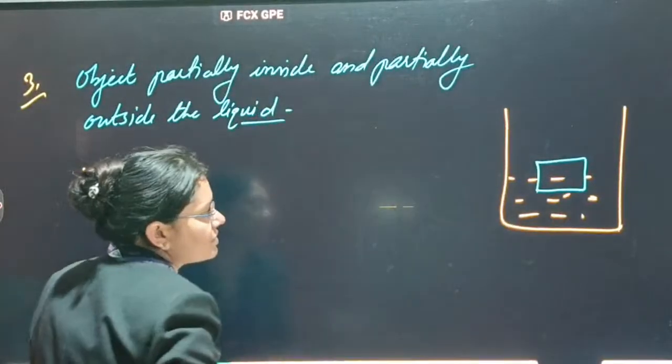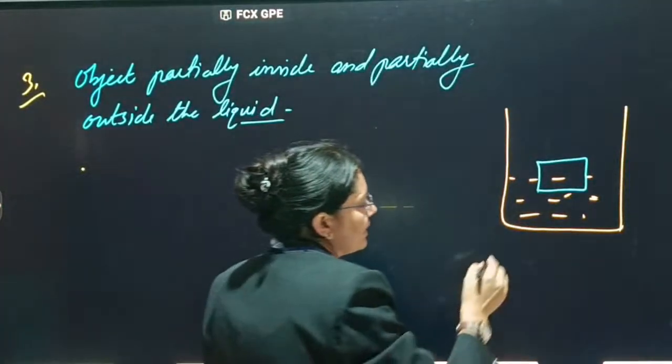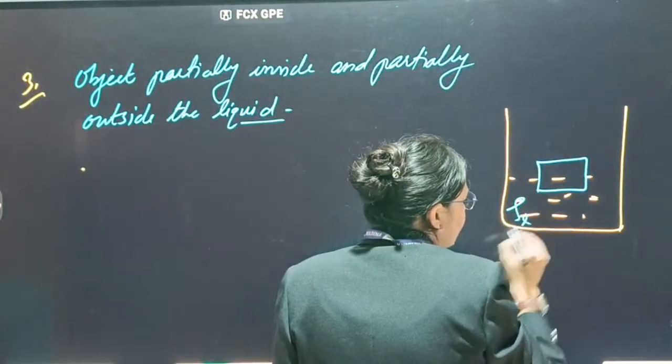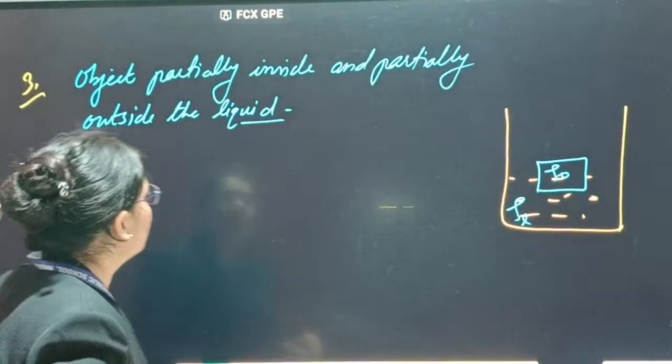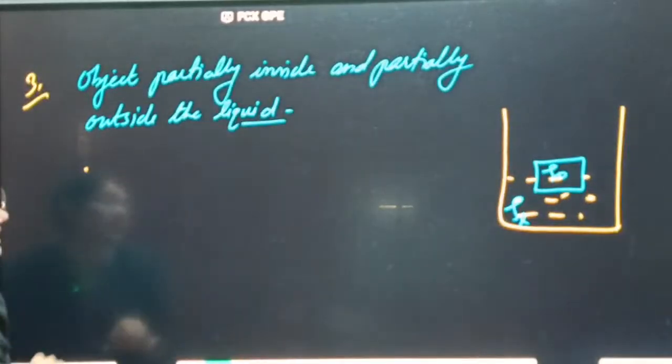In this case, rho L is the density of the liquid and rho O is the density of the object. Then in which case can we say partially inside and outside?